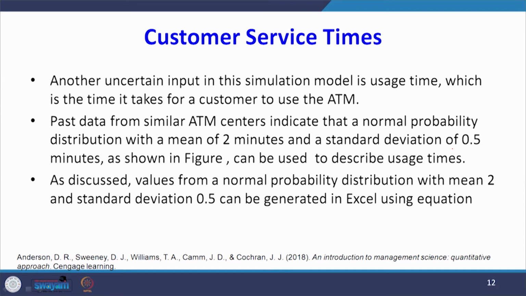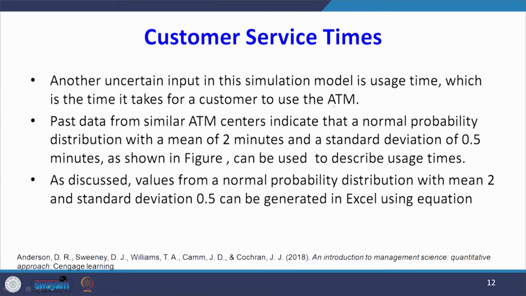The next input is customer service times. Here the customer service time means, suppose when a customer enters the ATM center, some people may withdraw money, some people may check the balance, some people may change their PIN. Like that there are different services they can take. So, here another uncertain input in the simulation model is usage time, which is the time it takes for a customer to use the ATM.